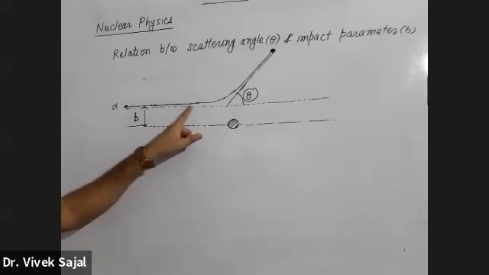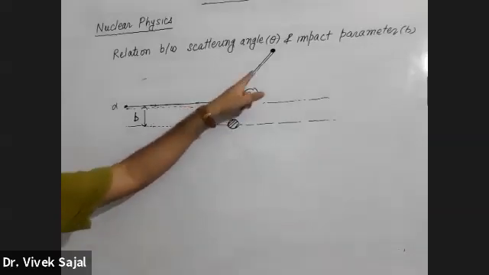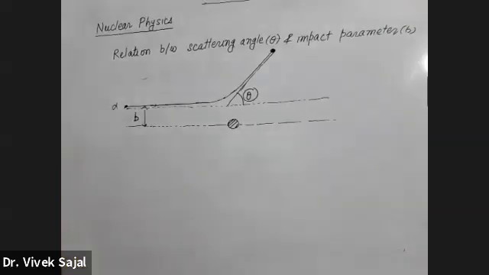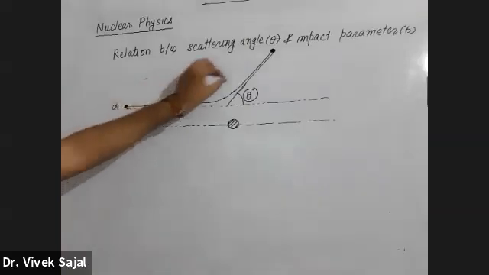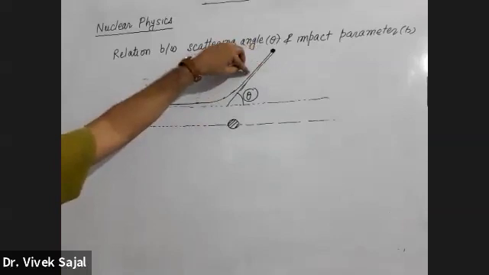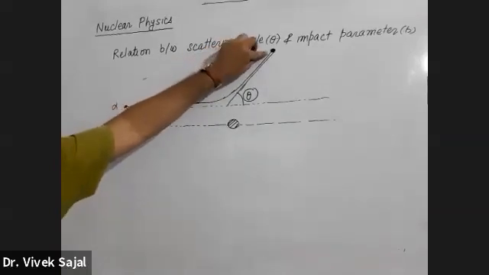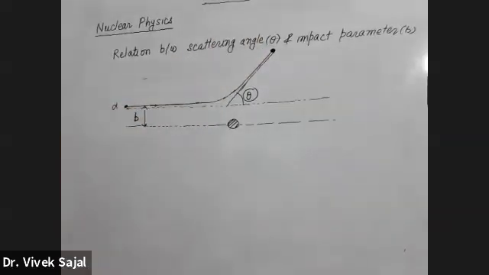Due to this repulsive force, it will follow this direction. Now I have to find out the scattering direction. Initially it is moving in a straight line, and after scattering, after sufficient distance, it will again move in a straight line. So what will be the scattering direction?